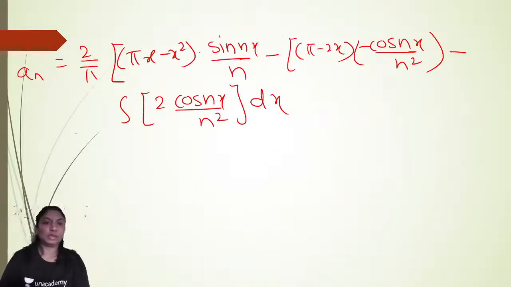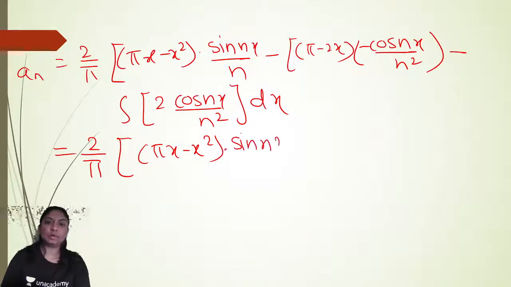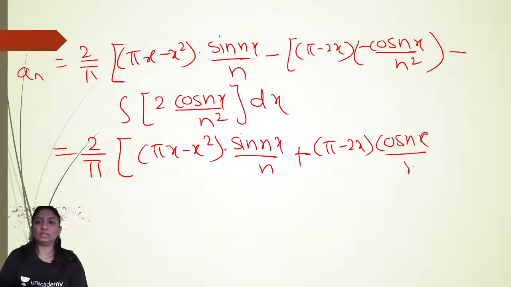Okay, now just integrate it here. 2 by pi integral of pi x minus x square into sin nx upon n, minus, now this minus sign and this minus sign becomes plus, pi minus 2x into cos nx upon n square.